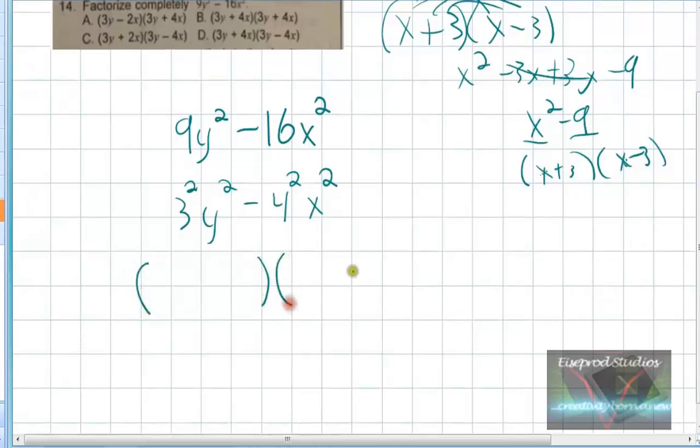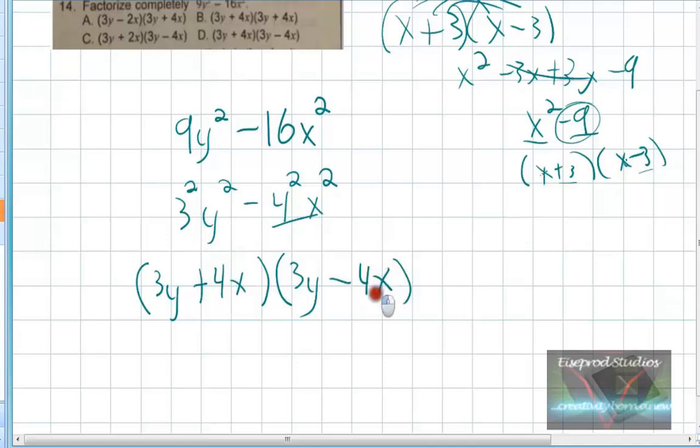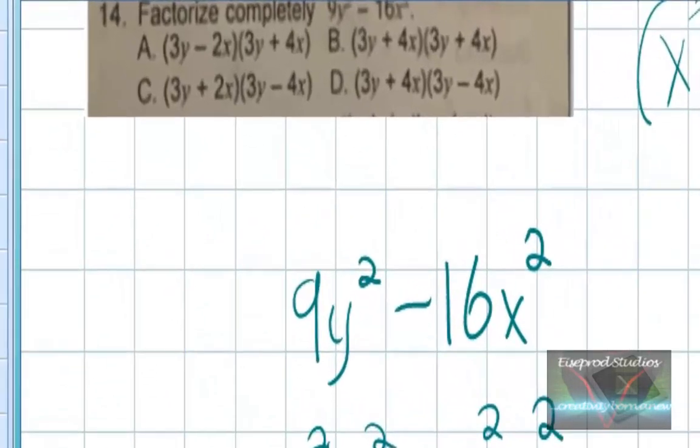So here I'm going to have two quantities, and I'm going to say 3y on both sides. So that's what we did over there. And then they split up the negative 9 into its two constituents, so that would be positive 3 and negative 3. So we're going to do the same thing with this one. We're going to say plus 4x and minus 4x. And that's it. That's your answer.